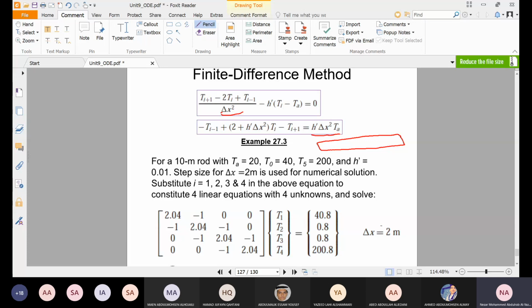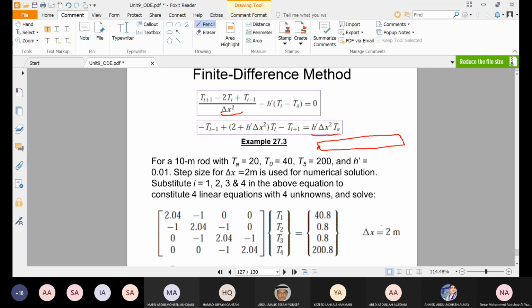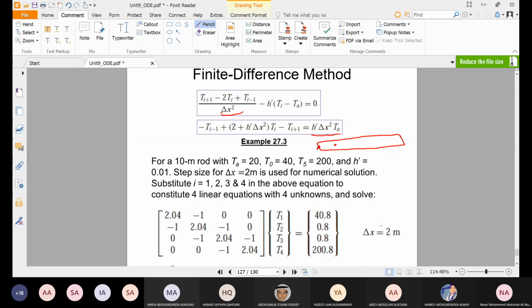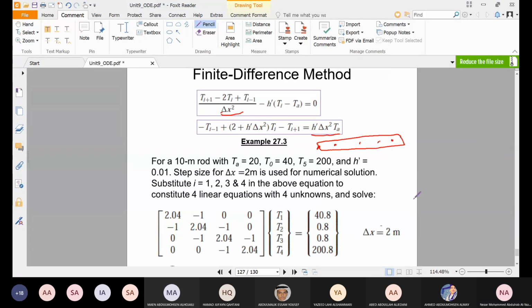So in this case, how many points do we need? So this is 0, 2 meters, 4 meters, 6 meters, 8 meters.